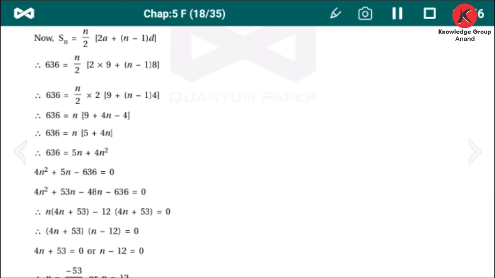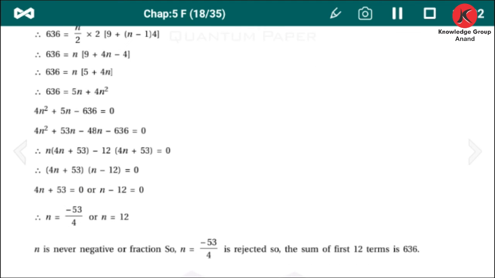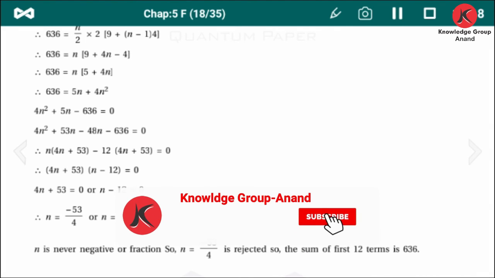Then we factorize this equation and get n is equal to minus 53 by 4, or n is equal to 12. But we know that n should be a positive integer. Therefore, here n is equal to 12, and the sum of the first 12 terms is 636.